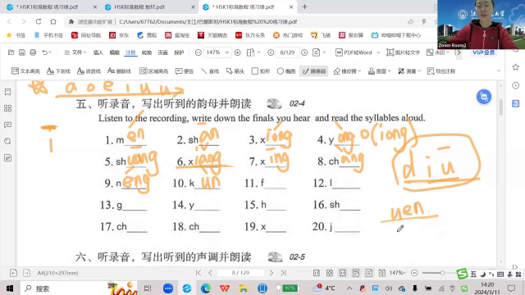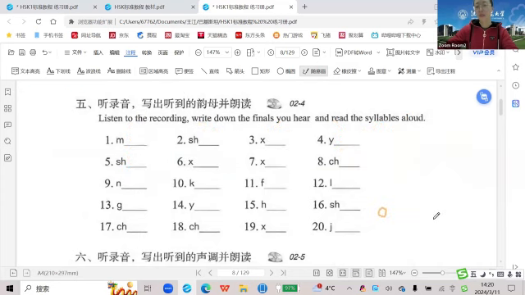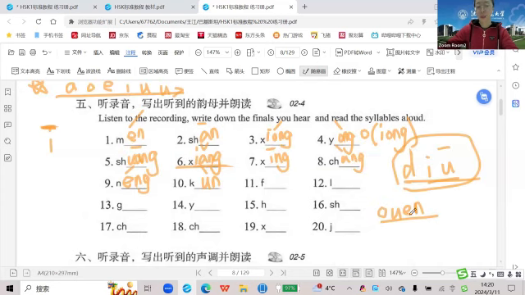It is right, but we have learned that if there is the initial in front of this final, the alphabet in the middle should be omitted. So the written form should be like this. Okay? So remember that? So the right answer should be 困.